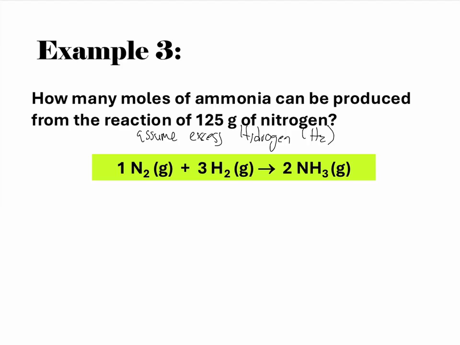What's the flow chart or the conversion path you're going to follow to get here, right? What two things are you going between? Yeah, we're going to go from grams of N2 to moles of ammonia, right? And so how are we going to use our flow chart to determine a path to convert between these things?